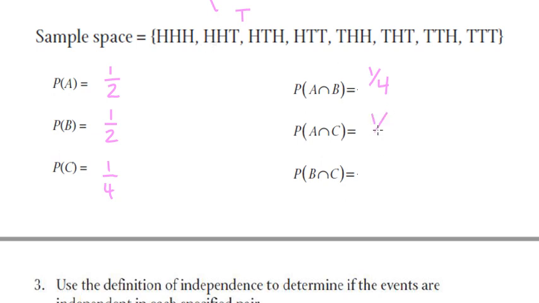So that's 1 out of 8. And then B and C says the second toss is heads, and there are exactly 2 consecutive heads. Second toss is heads, 2 consecutive heads. So that's 2 out of 8, or 1/4. So those are the different probabilities that we're going to be working with here.